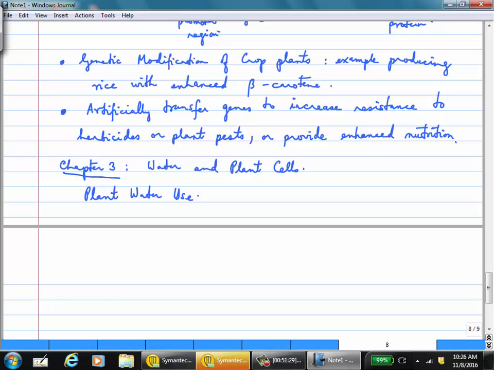If you're looking at plant water use, it is a fact that 97% of the water that is taken up by the plant is lost through transpiration from the leaves.